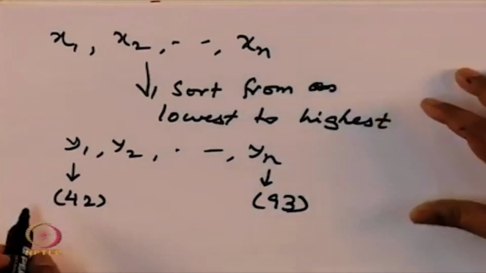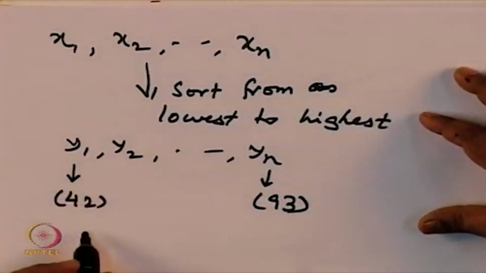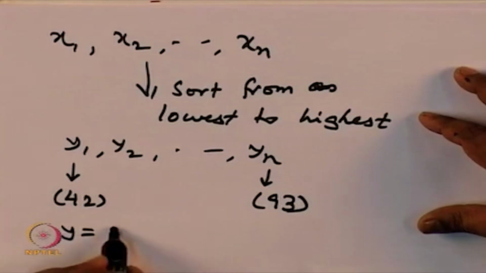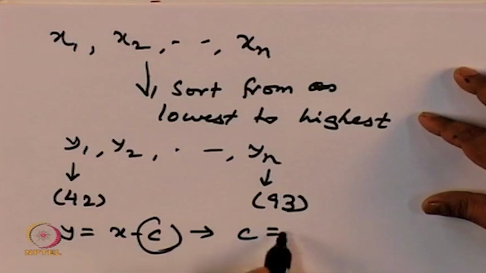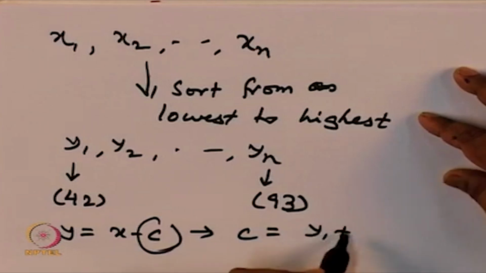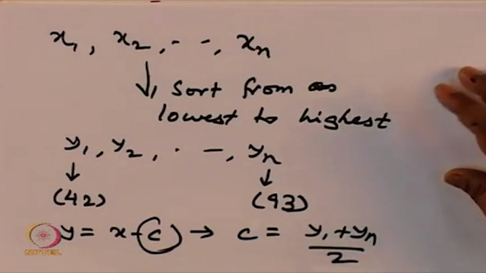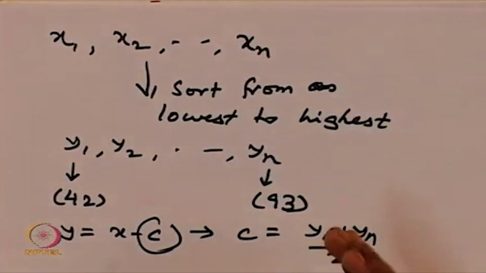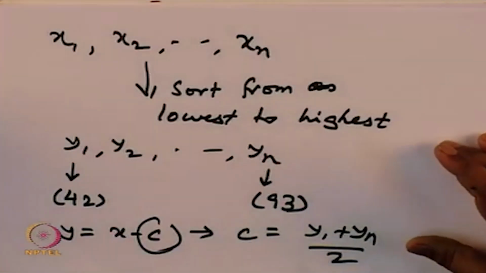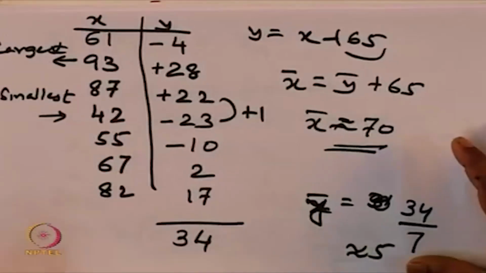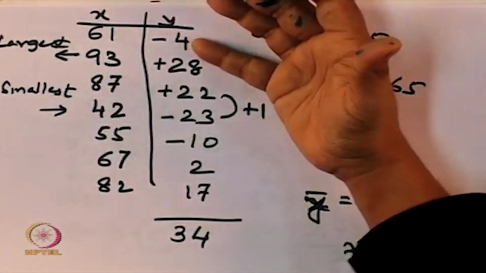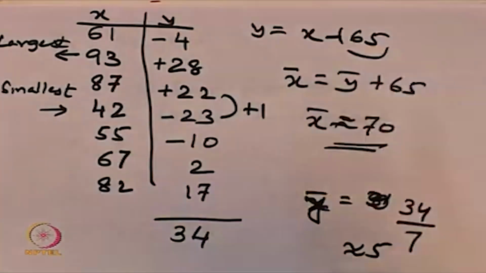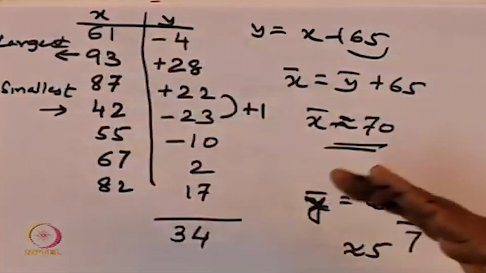Okay. So, what we can now do is have this transformation y is equal to x minus c, where c is nothing but what we chose, the average of y1 and yn. Okay. The idea is that when you choose something in between and apply this transformation, I will get some numbers which are negative and some numbers which are positive, because 65 is roughly in the middle of this range.